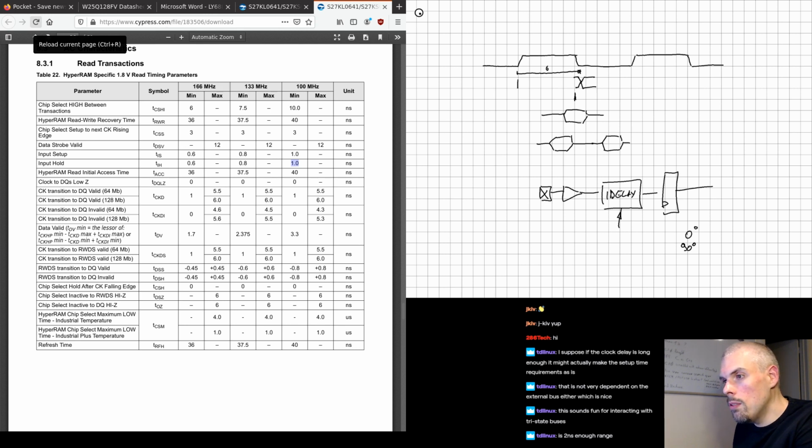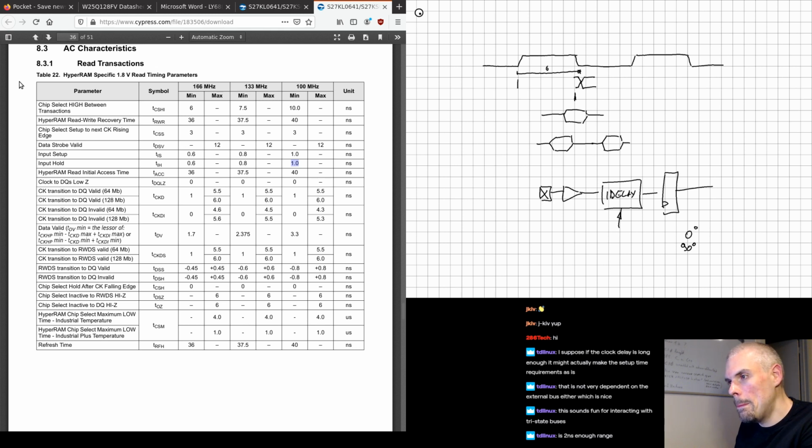But yes, technically 2 nanoseconds is not necessarily enough. But because you are guaranteed a 3 nanosecond or nearly 4 nanosecond valid window, and you have a 5 nanosecond period, 2 nanoseconds just allows you enough to manage to place it somewhere it works.